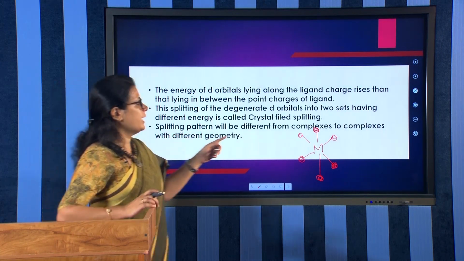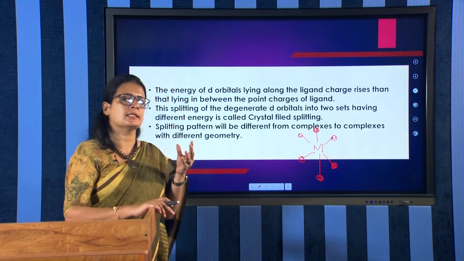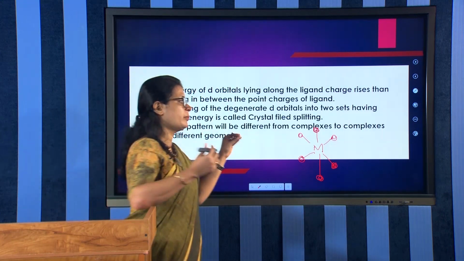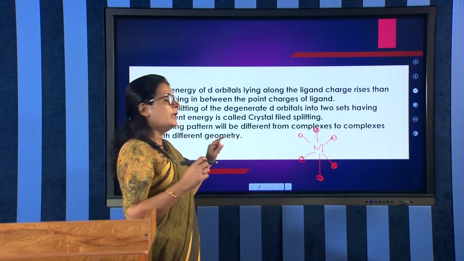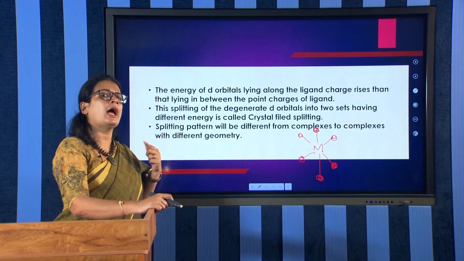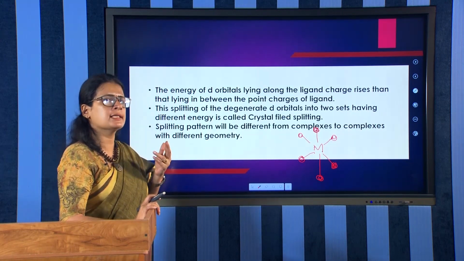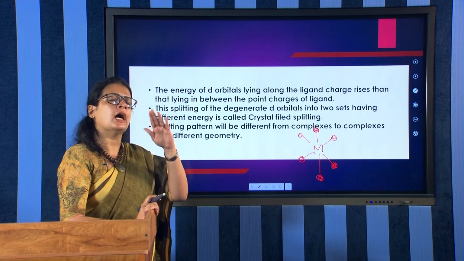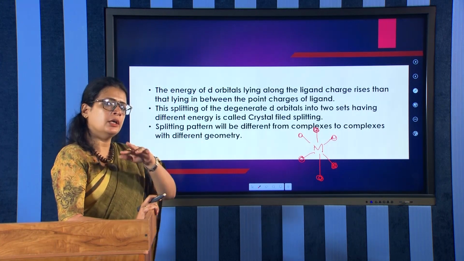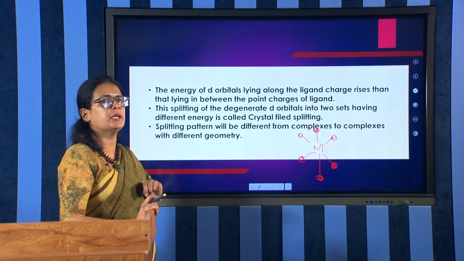And if the ligands approach the central metal atom along the axes, the d orbitals which have their lobes along the axes will experience a higher repulsion compared to the d orbitals having their lobes in between the axes.